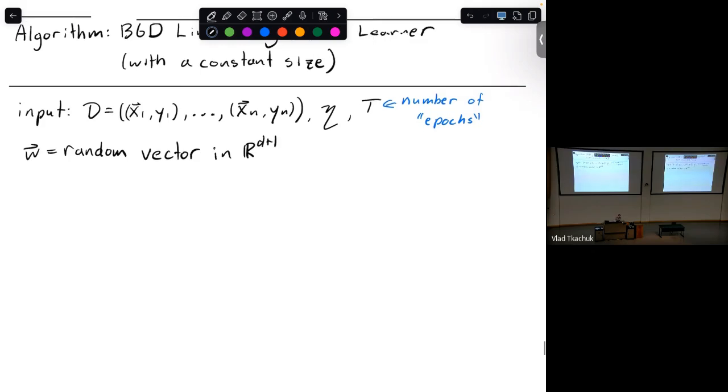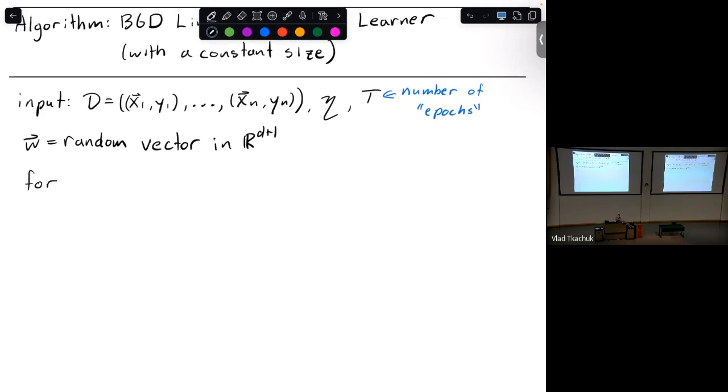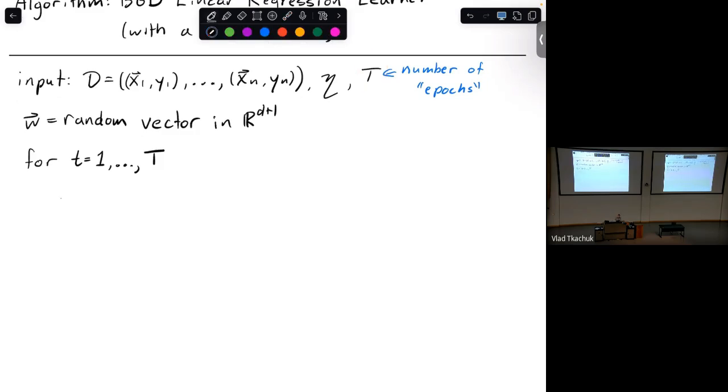And then you just iterate. So you run a for loop for t equal to 1 up to whatever you chose as the number of epochs. And you run that for loop. So what does it look like? You calculate the gradient of the function you're trying to take gradient steps with respect to.